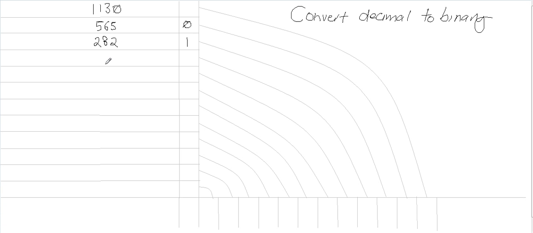So 282 divided by 2 is 141, and there's no remainder there. 141 divided by 2 is 70, with a leftover there. 70 divided by 2 is 35.